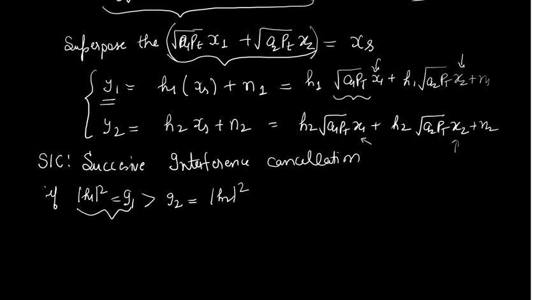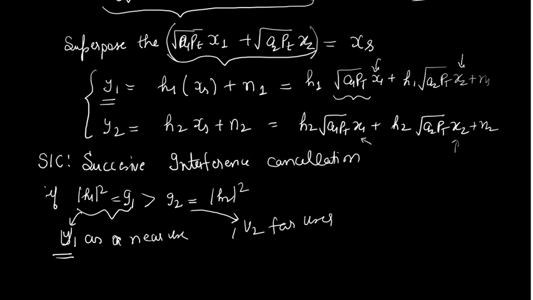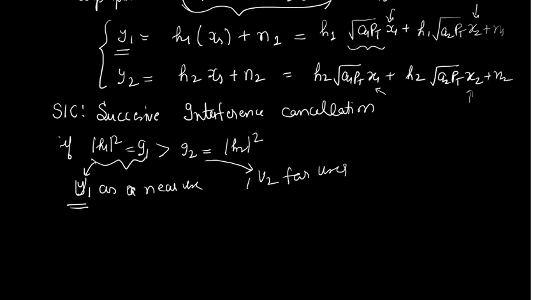So we call U1 the near user and U2 the far user. Since the channel gain of U2 is less and the channel gain of U1 is more, U1 is nearer to the base station and U2 is far from the base station.